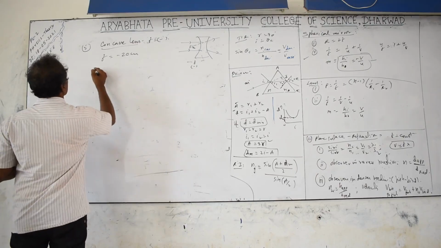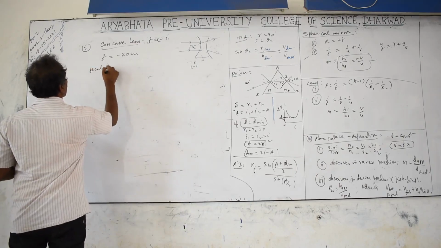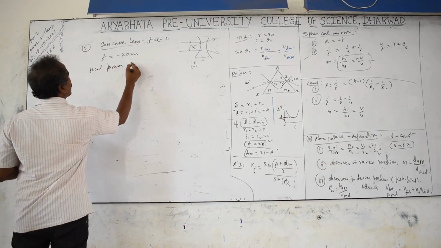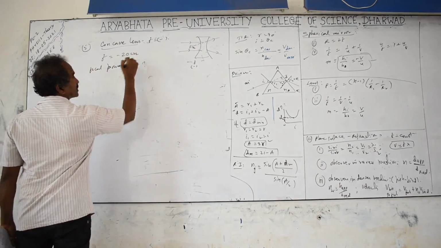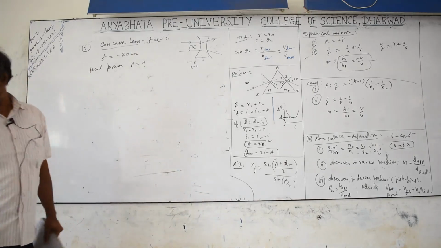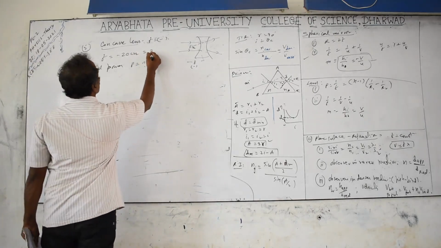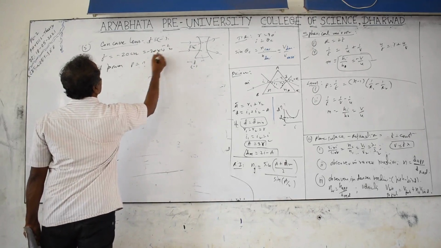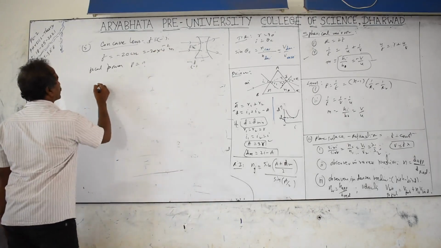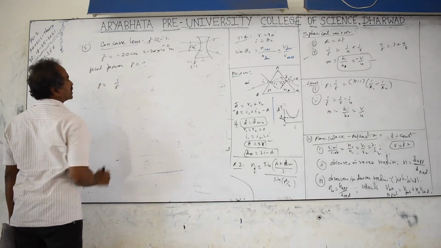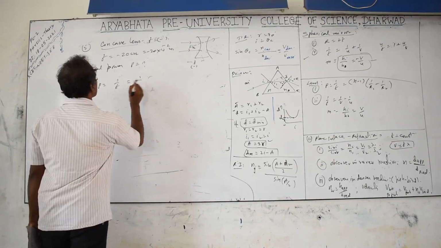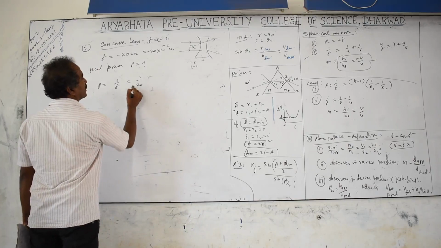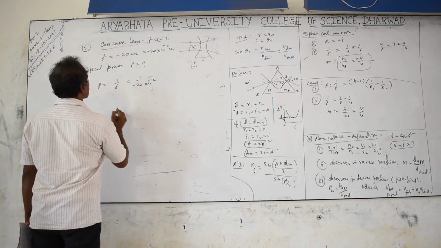Find the focal power. You must convert centimeters into meters; for power, it is compulsory to convert to meters. This equals 20 into 10 to the power of minus 2 meters. Power is nothing but 1 by the focal length in meters, which equals 1 by minus 20 into 10 to the power of minus 2.